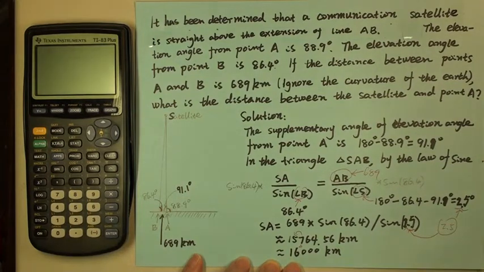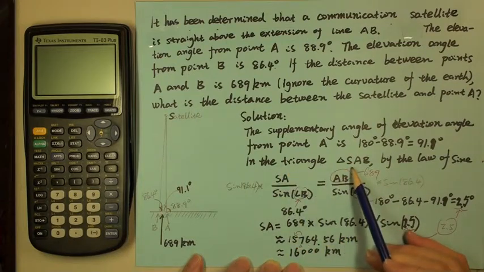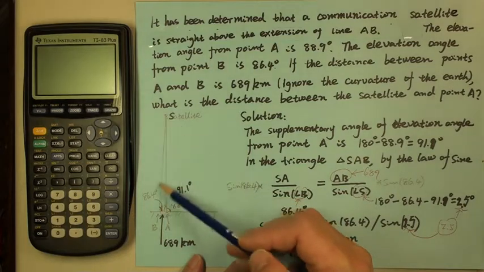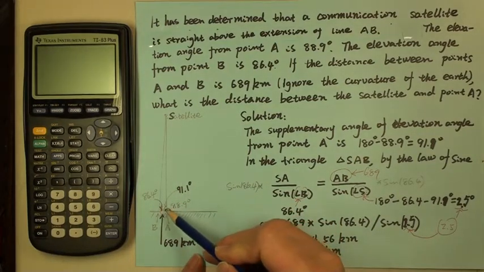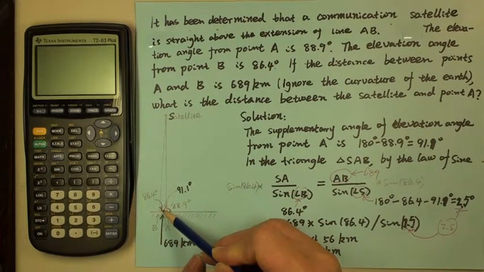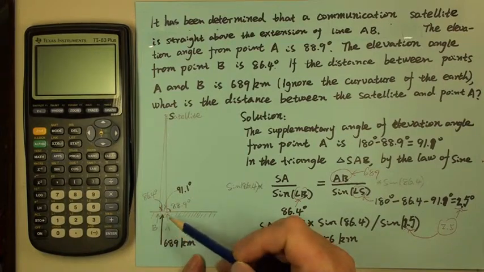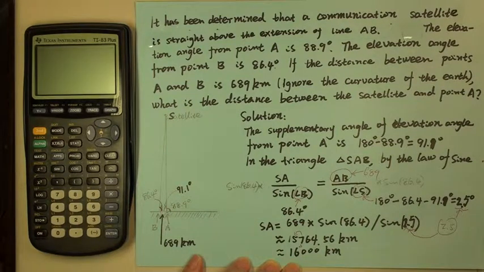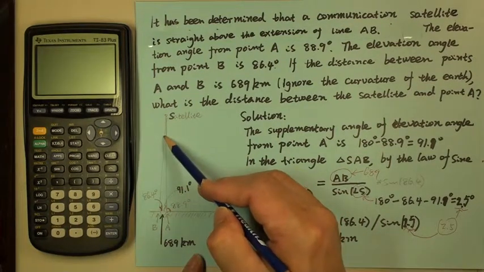Okay? Now, in this triangle, the triangle SAB, we know this angle is 91.1 degrees, and we know this is 86.4 degrees. Then of course we know this angle. How big is this angle?